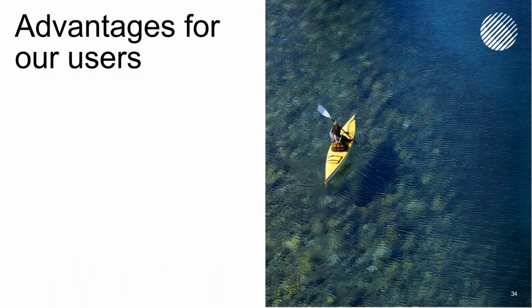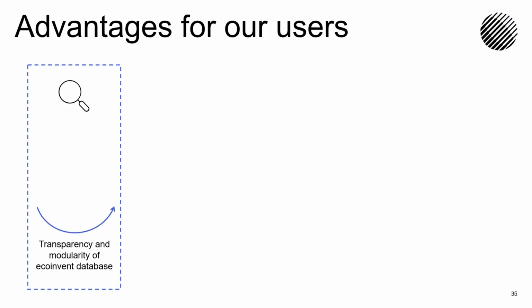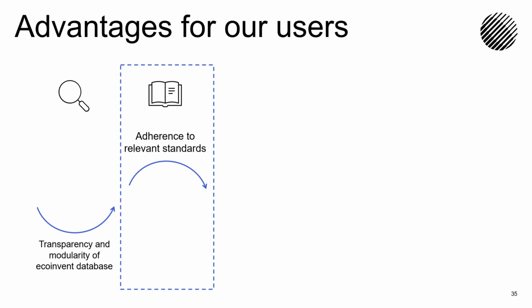So let's have a zoom now on the advantages for our users of having access to ecoinvent and to the EN15804 system model. First of all, you still have access to the transparency and the modularity of the ecoinvent database. Second, the EN15804 system model is in agreement with the relevant standards for EPD development.